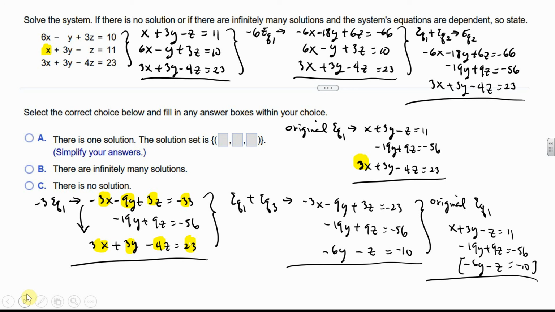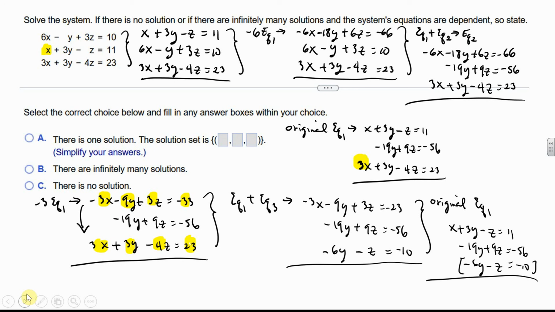Let's see if we can catch it. So up here we multiplied by that negative 6. It gave us all that. We added. We got negative 19, 9, and negative 56.